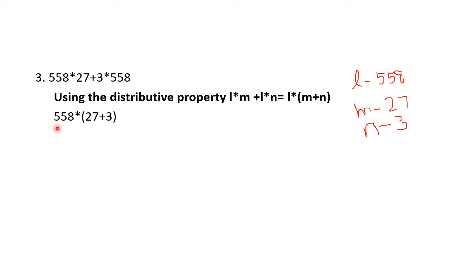L is 558, M is 27 and N is 3. Next step, 558 into 27 plus 3 is 30. Next step, we multiply both, and 16,740 is the answer. I hope you understood how to use the property while solving the problem.